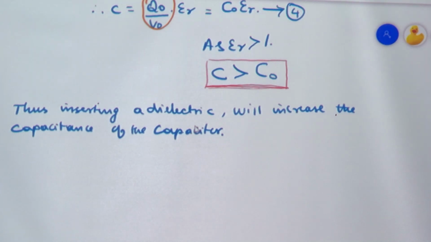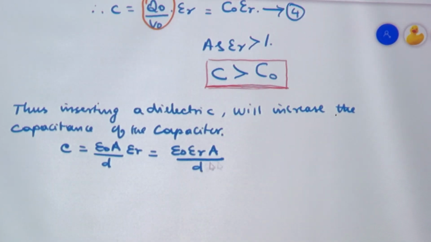Let us consider. We know what the final formula is that we got: capacitance C is equal to epsilon 0 into A divided by D. This is C0, multiplied with epsilon R. Or we can write epsilon 0 into epsilon R into A divided by D. Or this can also be written as epsilon into A divided by D. Already I have told this in the initial part of this question itself.